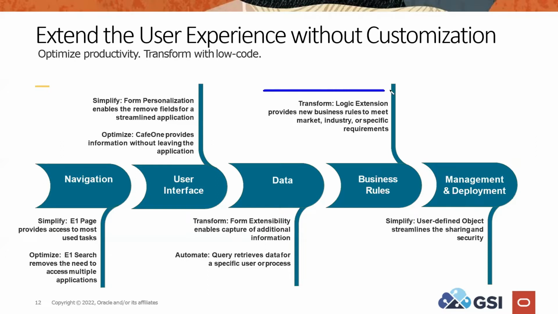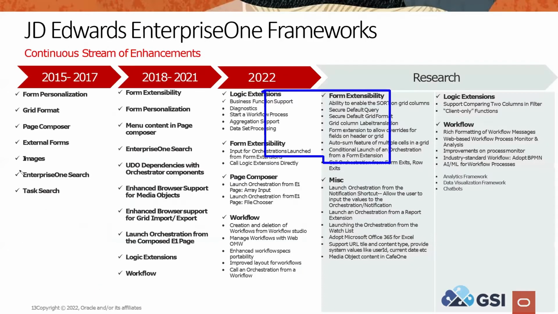In release 22, AKA tools 9261 and beyond, along with things like logic extensions, they included the Workflow Studio in the Orchestrator Studio. So this is a continuing stream of enhancements of JDE.